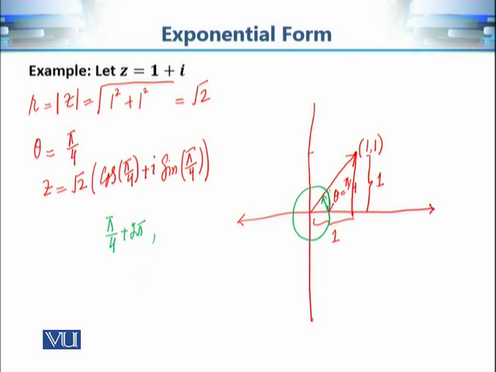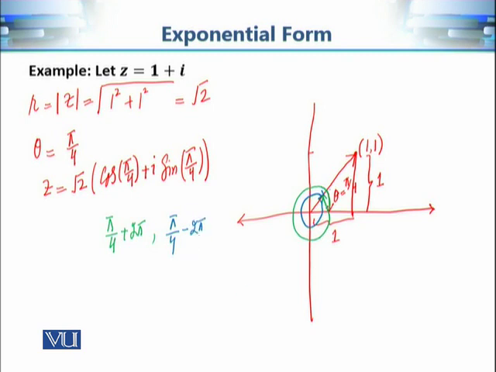And similarly, we can also consider the angle to be the following. Instead of going in the counterclockwise direction, we can also go in the clockwise direction, starting from this point and going in this direction. So in other words, we can also consider the angle to be pi by 4 minus 2 pi.